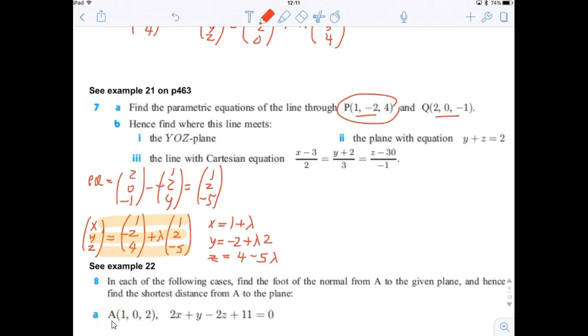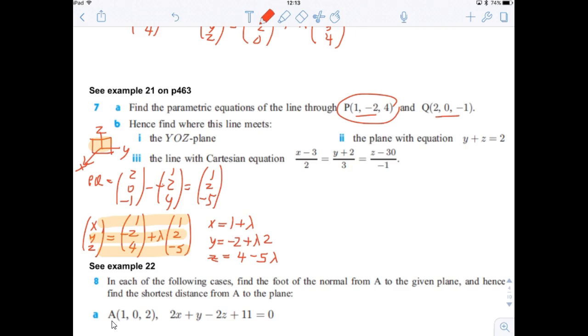Let's recall what the YOZ plane looks like if we have x here, y here, and z here. The YOZ plane is along the y and the z axis. You can see from this drawing, hopefully, that the coordinate that is always going to be 0 in the YOZ plane is the x coordinate, right?